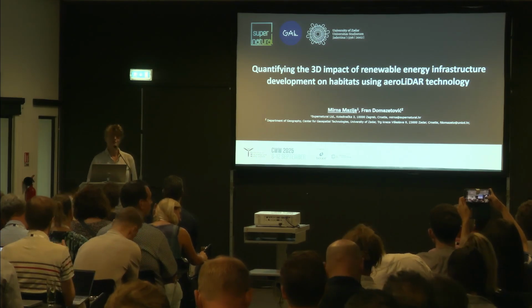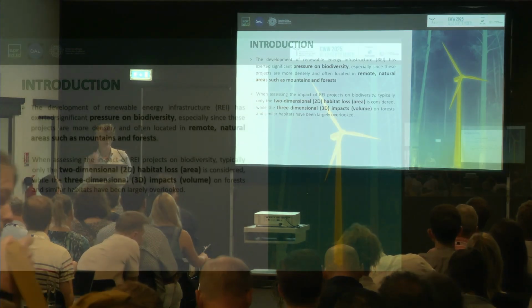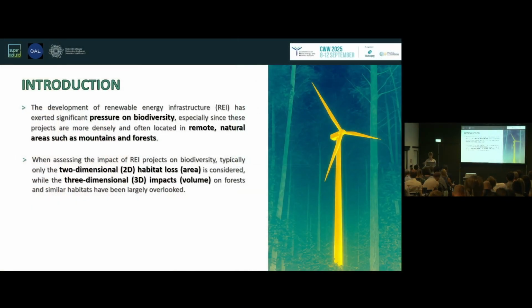So let's start. Let me introduce you to what my thoughts were. We know that wind farms are putting a bit of pressure on biodiversity, and more projects are in remote natural areas such as mountains and forests. So my focus was on how to deal with development in forested areas.